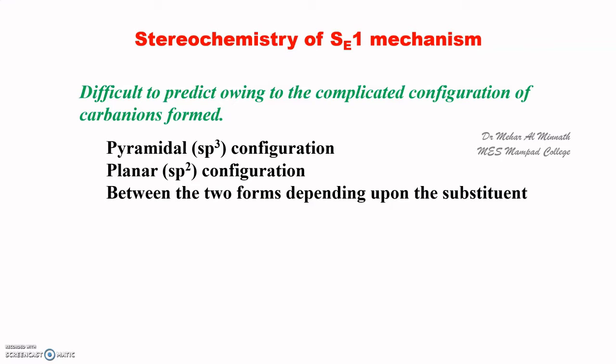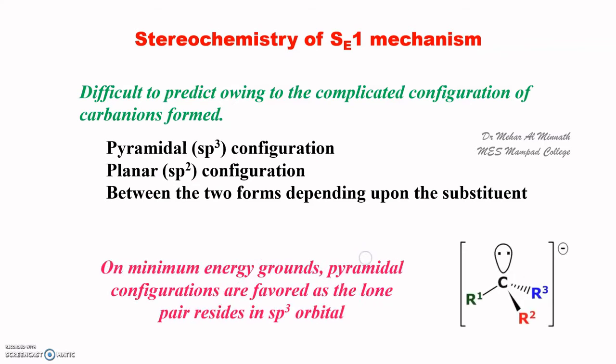Now here it is difficult to predict, and our carbanion, if it is pyramidal, will acquire a pyramidal configuration. Usually it acquires this because of the minimum energy of the pyramidal configuration. This is favored.